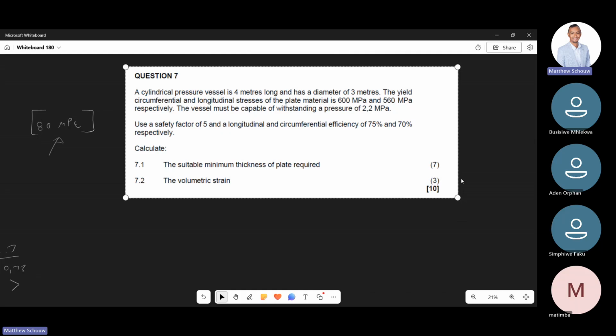So the same principles apply. The only difference here is that we have two different plate materials, one for the circumferential stress, 600, one for the longitudinal, 560, and we have a factor of safety of 5. So we'll make sure we divide this one by 5 and that one by 5 as well. Hope that's clear to everyone.